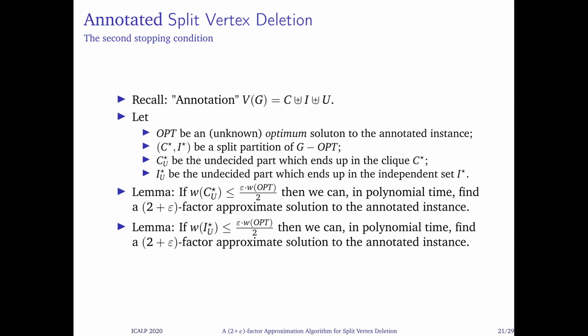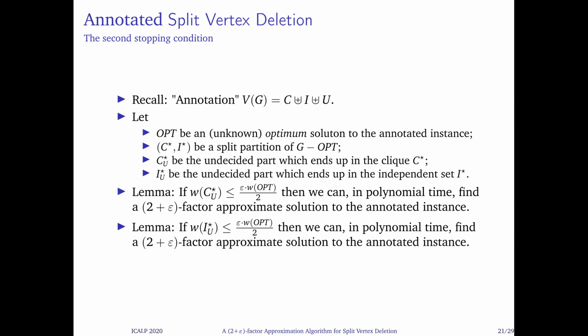We show that if either of these two sets, C star U and I star U, is light, that is, if the weight of either of them is much smaller compared to the weight of the optimum, then we can in polynomial time find a 2 plus epsilon factor approximate solution to the annotated instance.